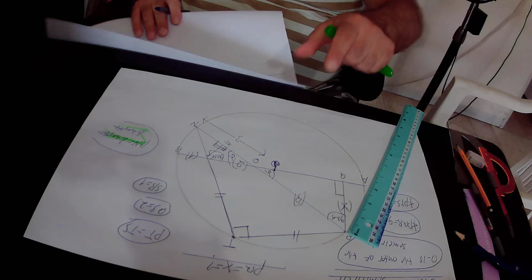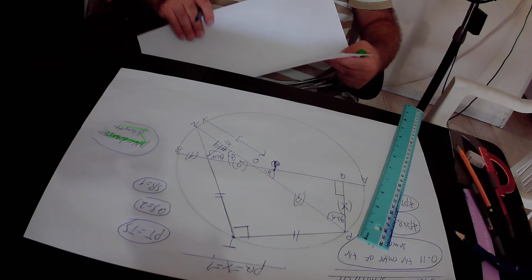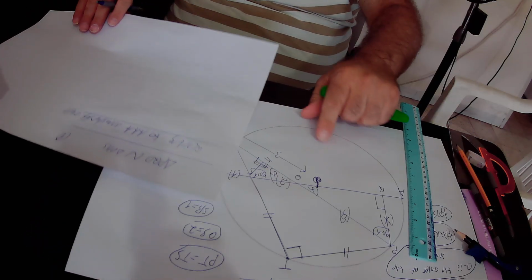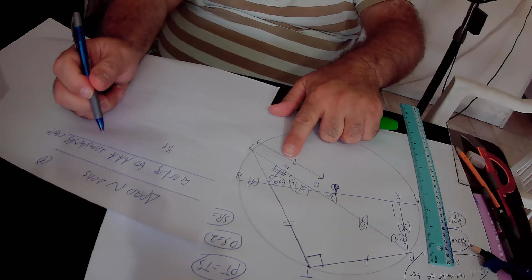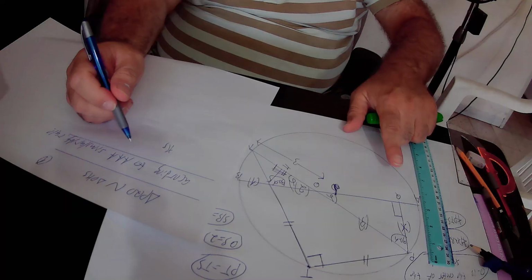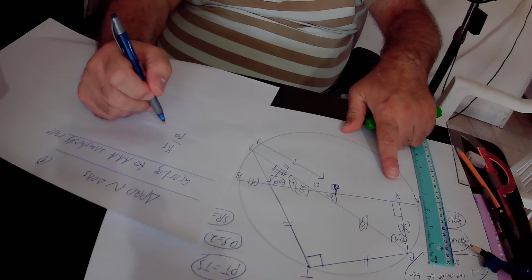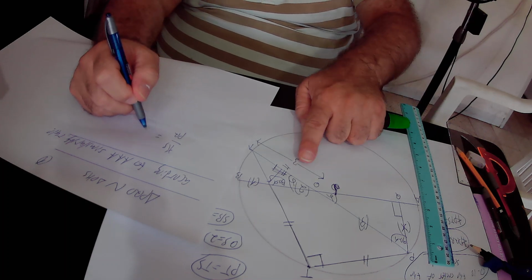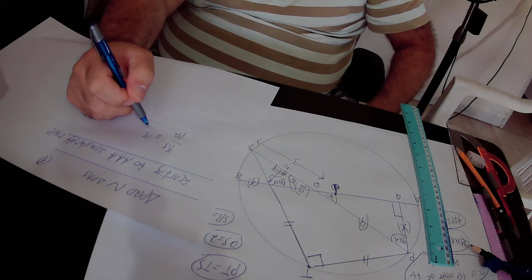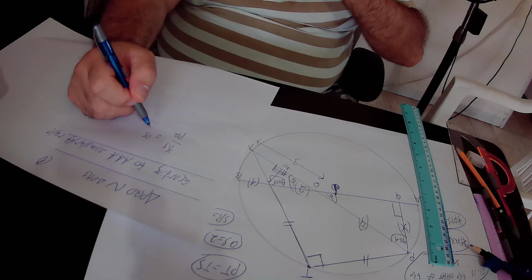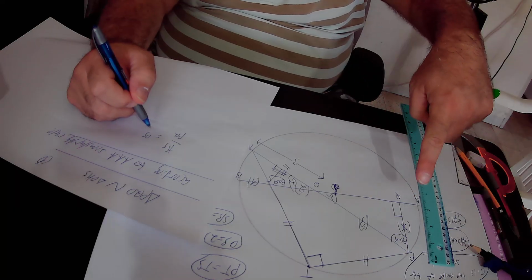And from the fact that those two right triangles are similar to each other, we will derive that the following relationship exists between their sides. We will derive that side KS of the small right triangle OKS over side PQ of the right triangle PQO is equal to side OS of the right triangle OSK over side PO of the right triangle PQO.